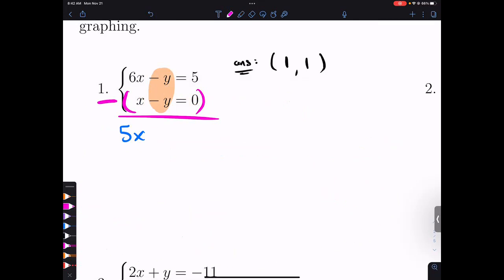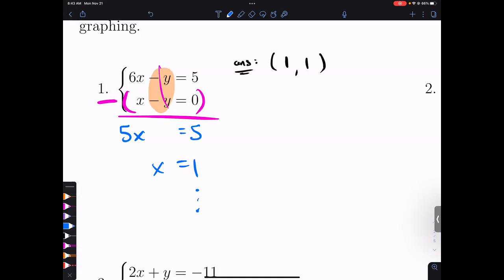That's why I threw this big set of parentheses around it. Negative y minus negative y, so negative y plus y is 0. And then 5 minus 0 is 5. So you get x equals 1. And then again, plug that back in somewhere and get y equals 1 to go with it, right? Also perfectly good. That's going to be about the same amount of work as what we just did, and get to the same place.